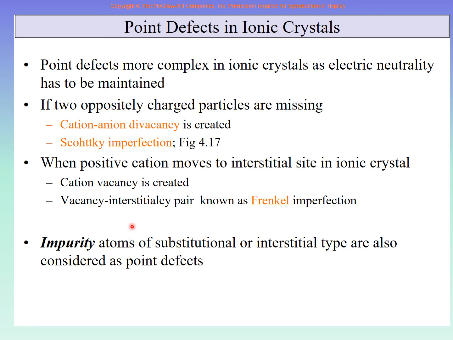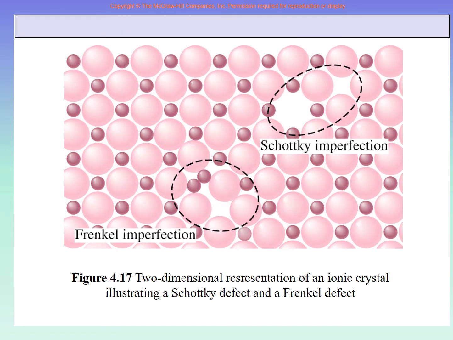On the other hand, there is a vacancy interstitial C pair, a pair of an interstitial defect and a vacancy. This pair is known as a Frenkel imperfection. On the next page we will show the diagram of the Schottky imperfection and the Frenkel imperfection.